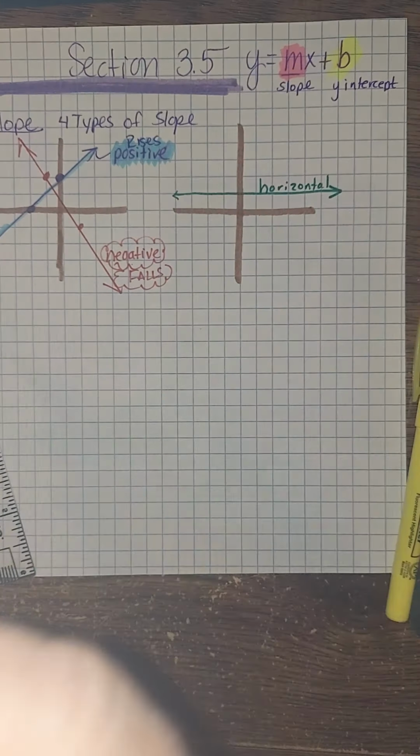Okay. And let's talk about the slope here. See this horizontal line? This is the perfect slope for me to rollerblade on because I don't know how to stop. So this has 0 slope, meaning it has no grade whatsoever. Okay, it's a 0 slope.